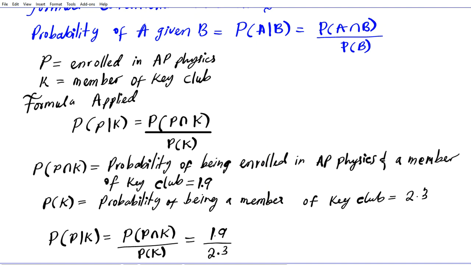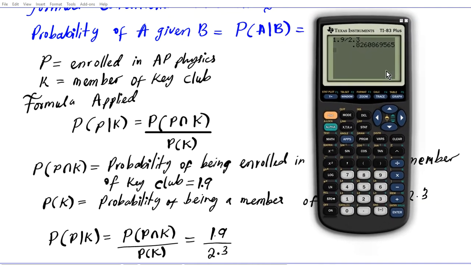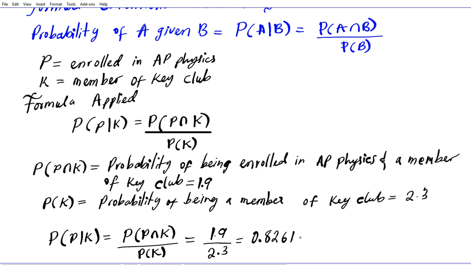Let's go ahead and compute the quotient with our calculators. So we have 1.9 divided by 2.3, and that gives us 0.8261.